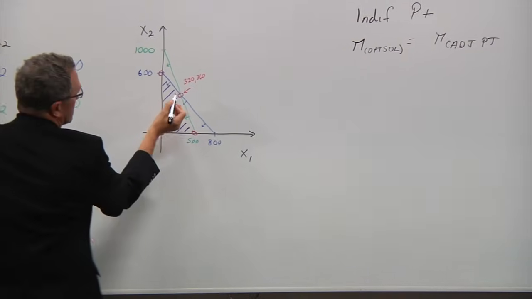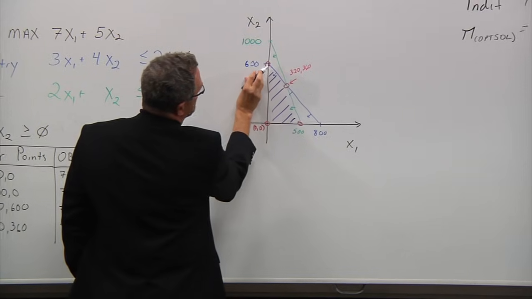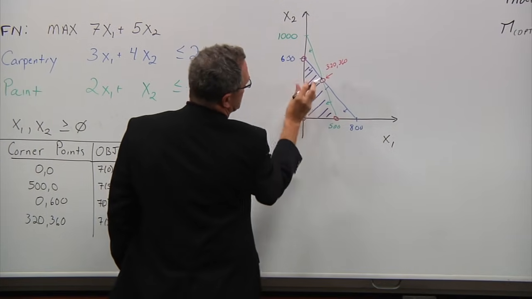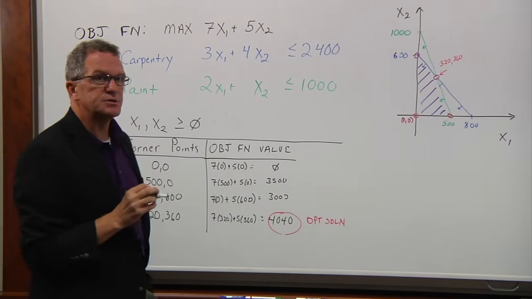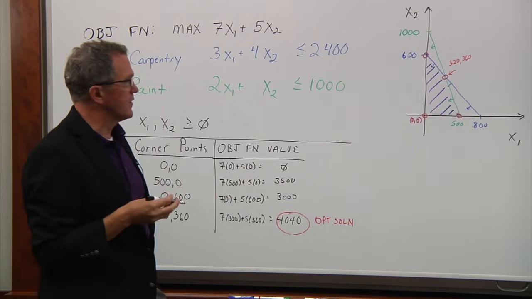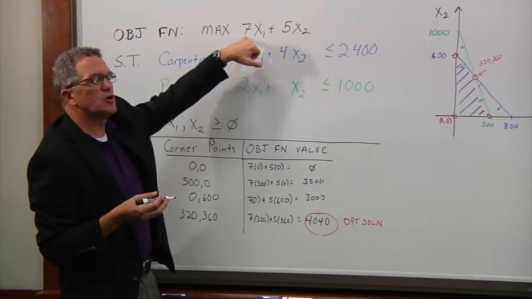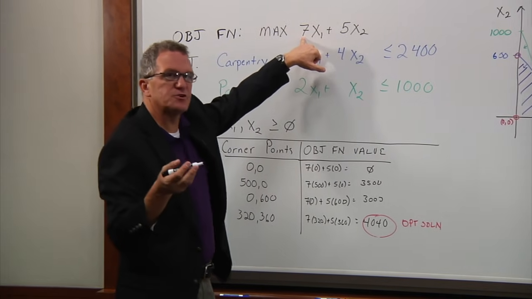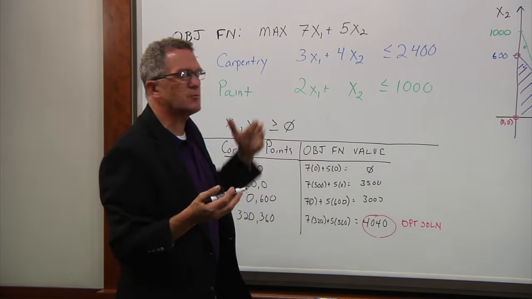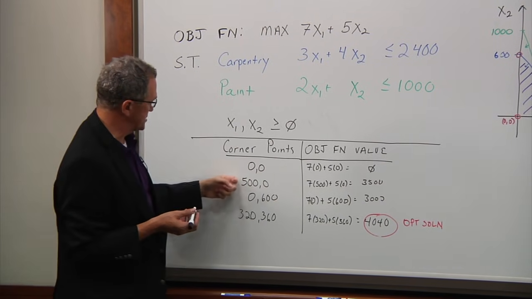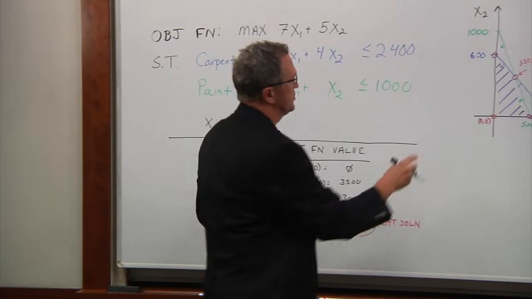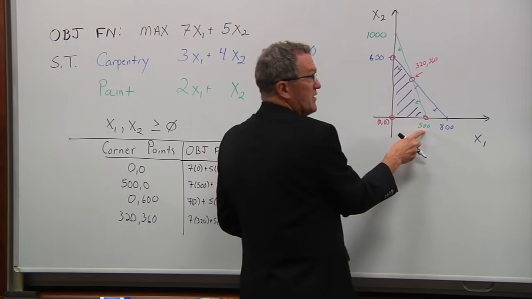So if this is my current optimal solution, the adjacent points are going to be the 2 corner points that are adjacent to that solution. Now I'm going to pick one or the other. If my profit margin for tables is going up, then I'm going to want to make more tables. Well, which one of these adjacent points is where I have more tables?